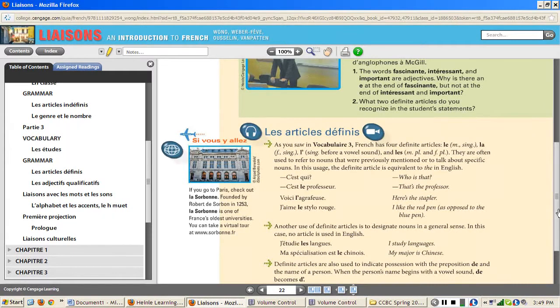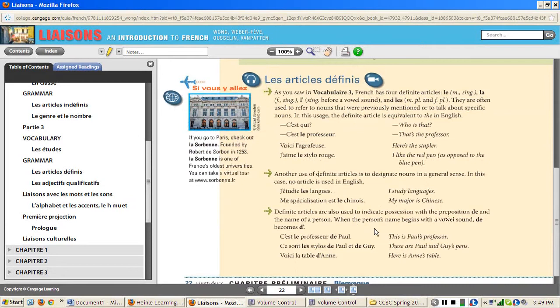We also use the definite article when we're talking about possession. But let's first look at the different forms based on whether the article is before a masculine or a feminine word, or a masculine or feminine plural word, or even a word with a vowel sound. The masculine is le, L-E.